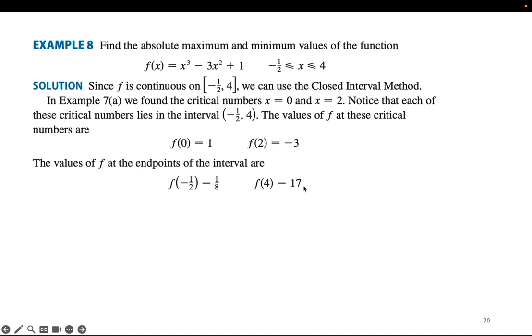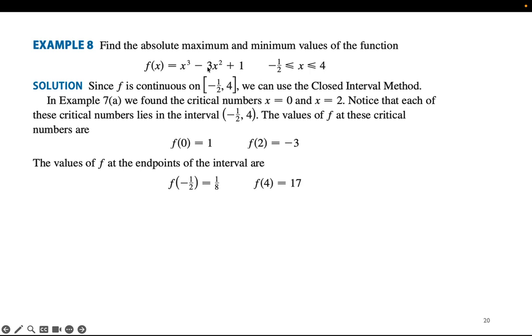Plug in 4, you get 17. Between the critical numbers and the endpoints, we must have our absolute maximum and our absolute minimum. Notice 17 here is actually an endpoint. That is the absolute maximum value of this function on this interval. And then the negative 3, that's the smallest value.